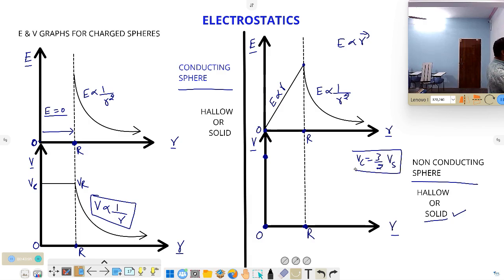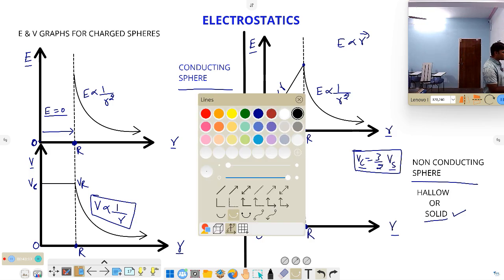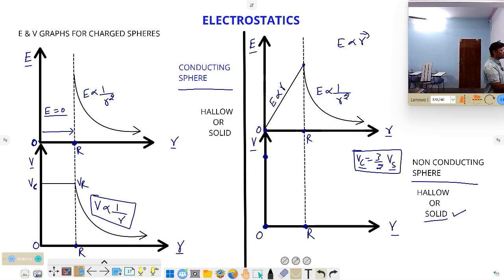So which is more? At the center is more. From the center to the surface, the potential decreases like this.